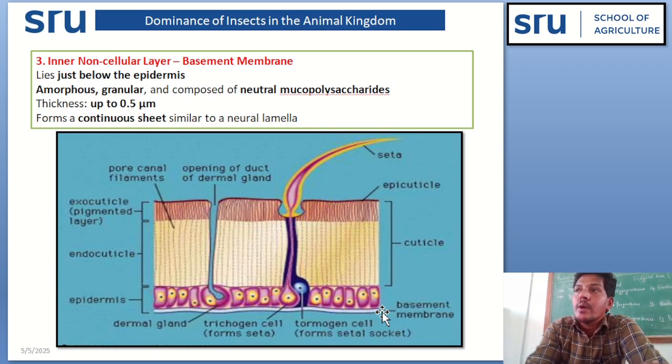There is no particular form for this one, and it is granular and composed of neutral mucopolysaccharides, and its thickness is only about 0.5 micrometers. It forms a continuous sheet below the epidermis, just like neural lamella. So this is all about the inner non-cellular basement membrane.